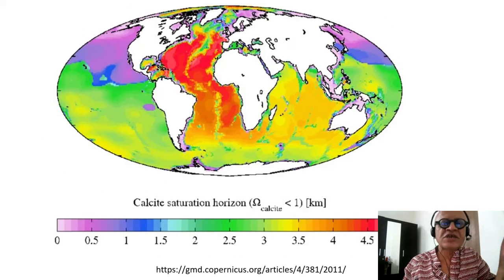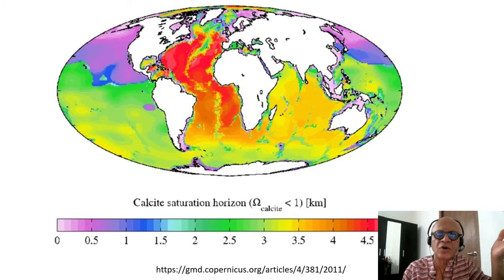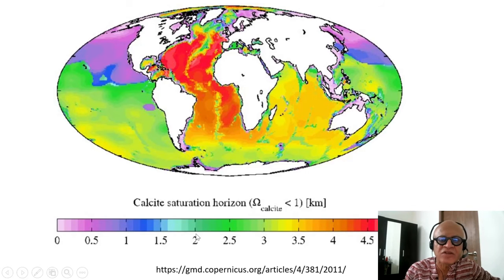So coming to the idea of pH controls on glacial CO2, obviously if CO2 drawdown into the ocean increased, then pH would have been much lower. You can see the impact of calcite saturation in terms of the depths here.